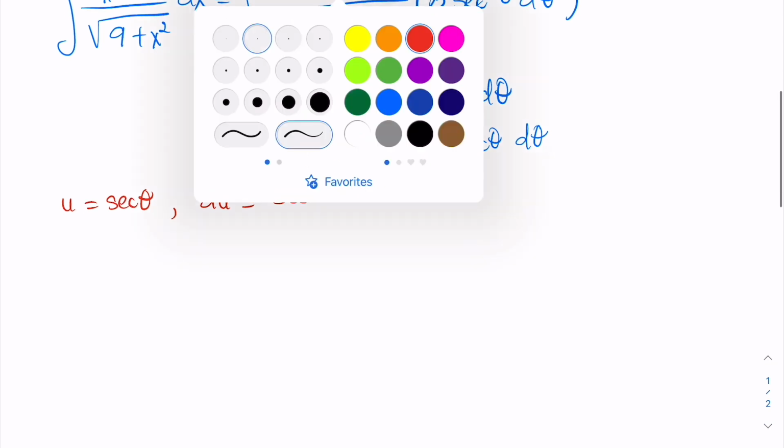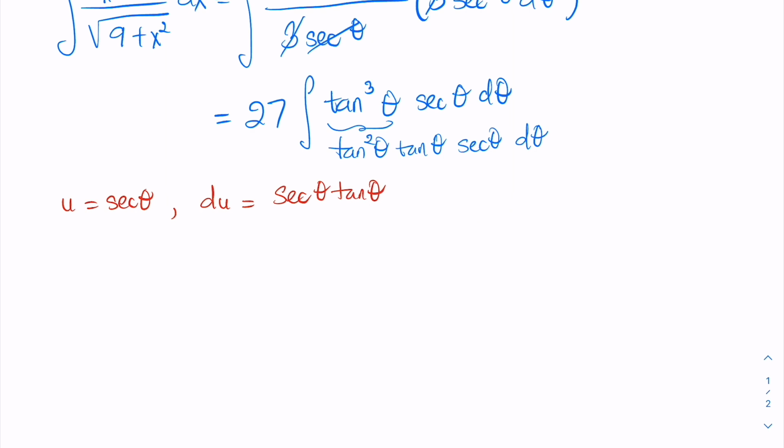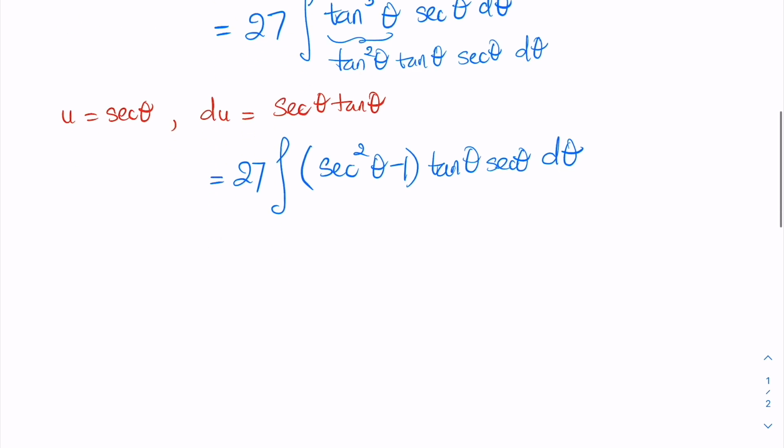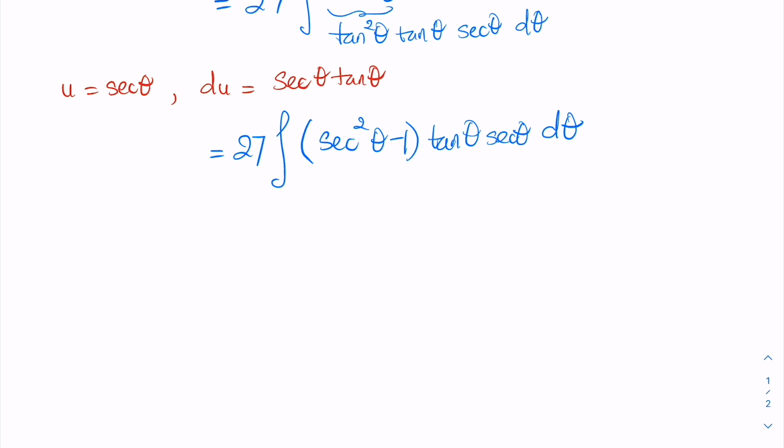Now, going back to our problem, we have 27. And now, that tangent squared turned into a secant squared minus 1, tangent theta secant theta d theta. Using u substitution, I have 27 times u squared minus 1 du.